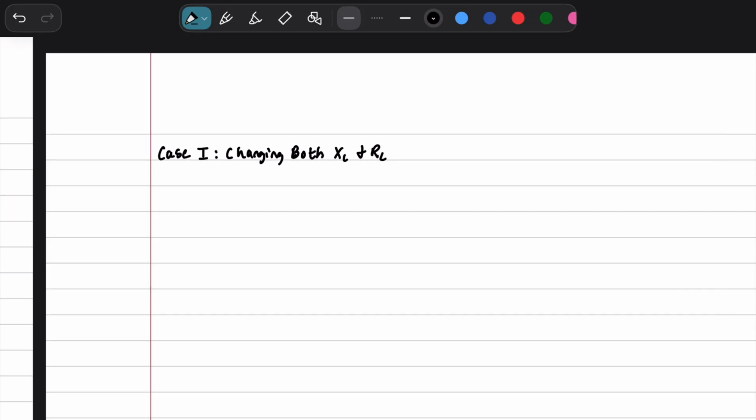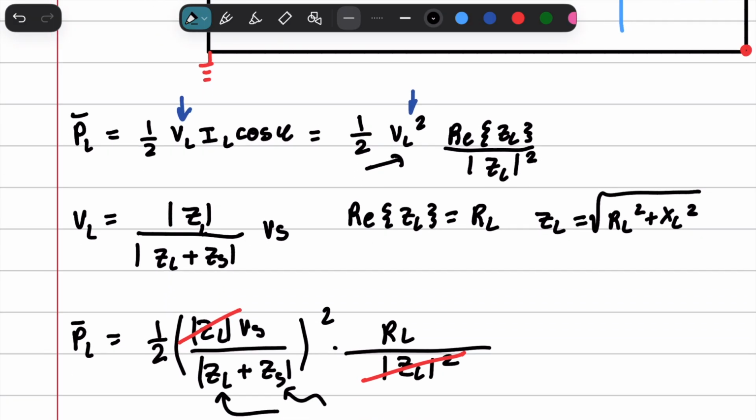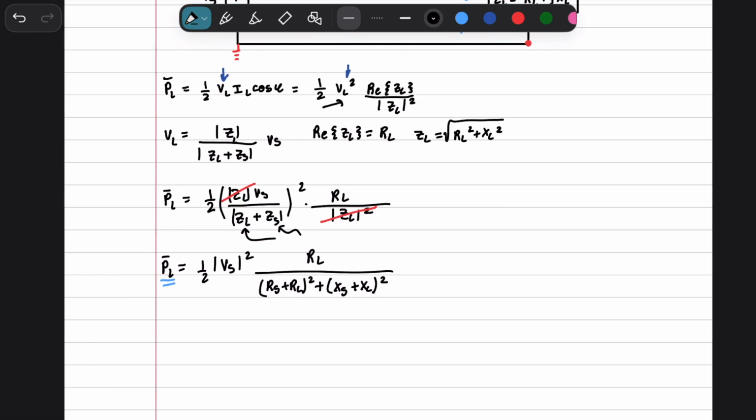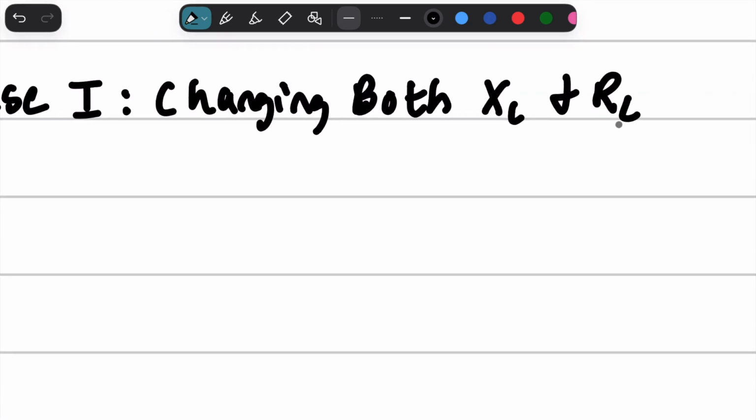Now if we remember, the idea is to optimize this function right here. And to optimize this function right here, if you remember from our calculus days, to find an optimization, you would have to take a derivative, the first derivative test, and you're going to have to make sure that it equals 0. Now in this first case, we're changing both XL and RL.